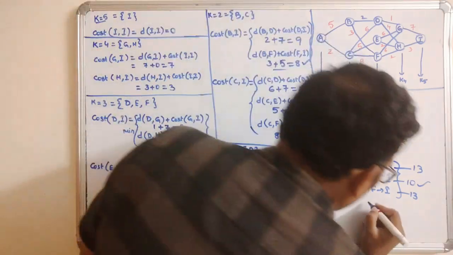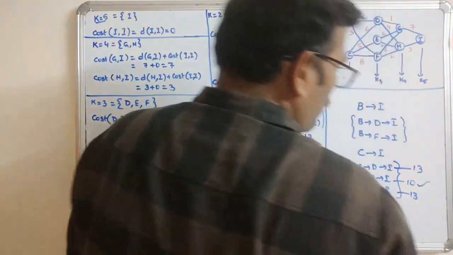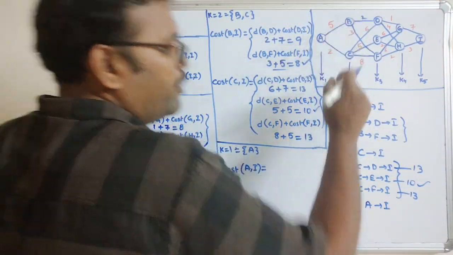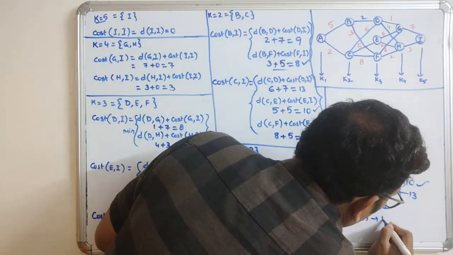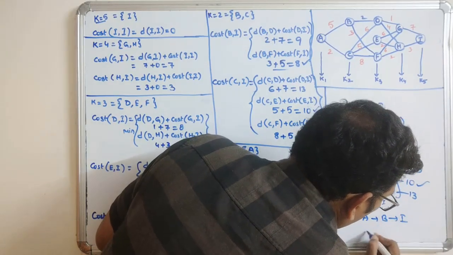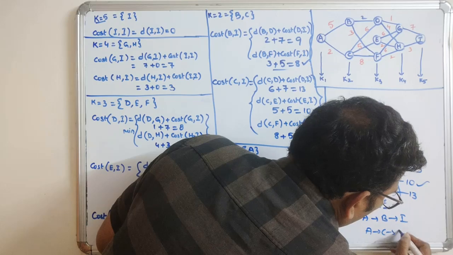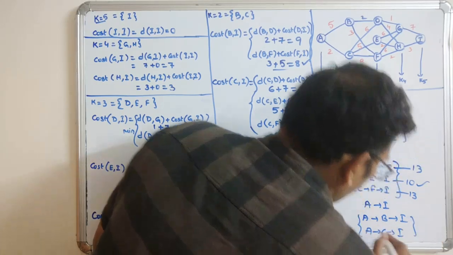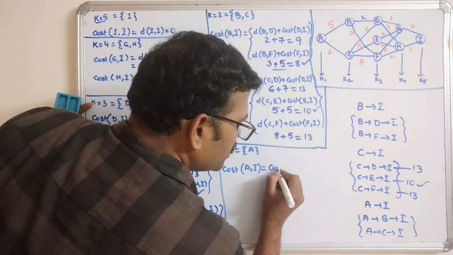So here you can see A to I. What are the outgoing edges from A? A to B and A to C. So we can go with A to B followed by B to I, or A to C followed by C to I. So two possible paths are there. Let us check.